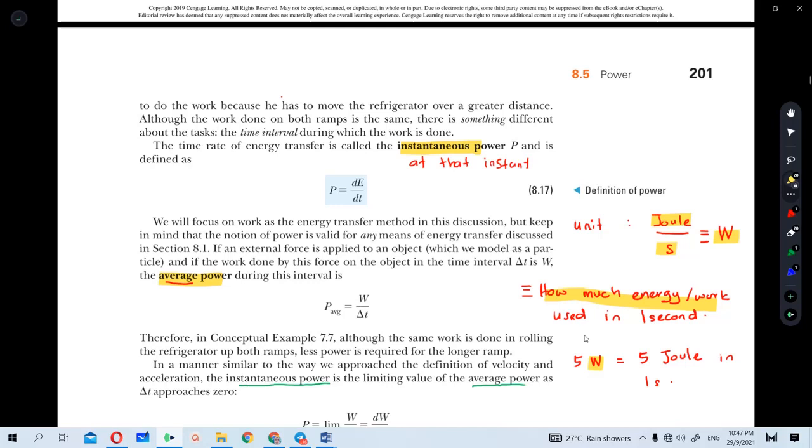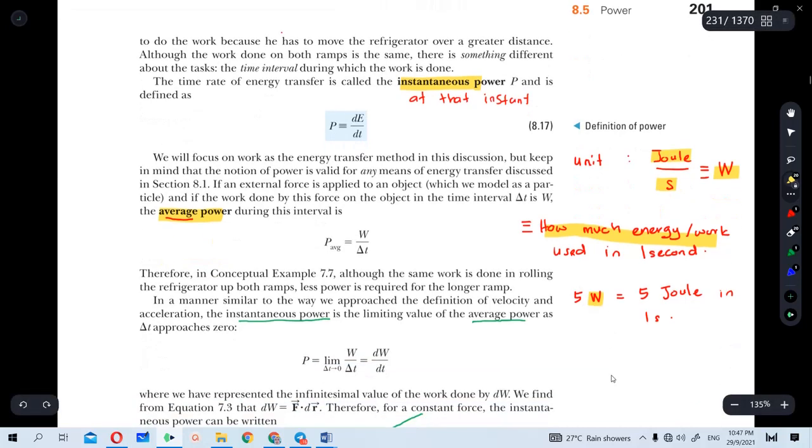It means that in 10 seconds, 50 joule of energy, 50 joule of work, is expended. Okay, 50 joule of energy is expended, digunakan. So the larger the value, the larger the amount of energy being used up.